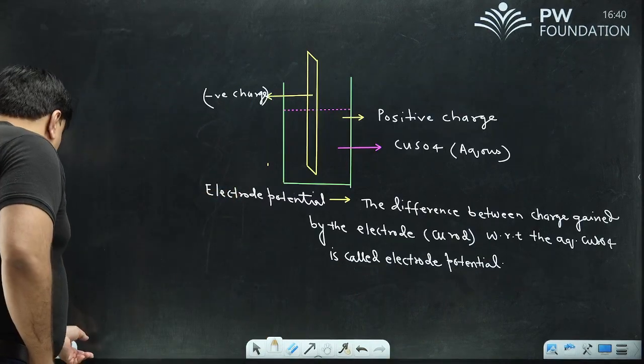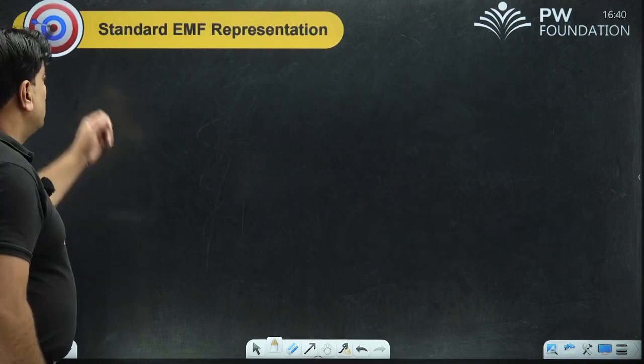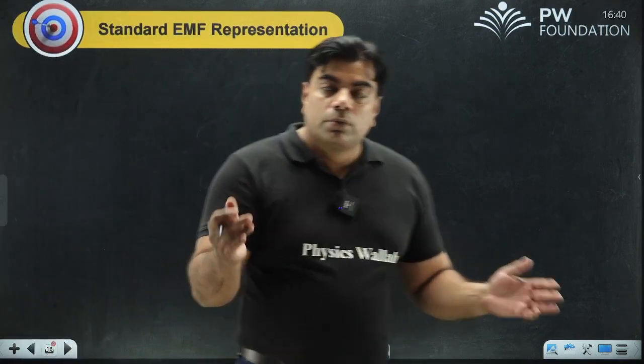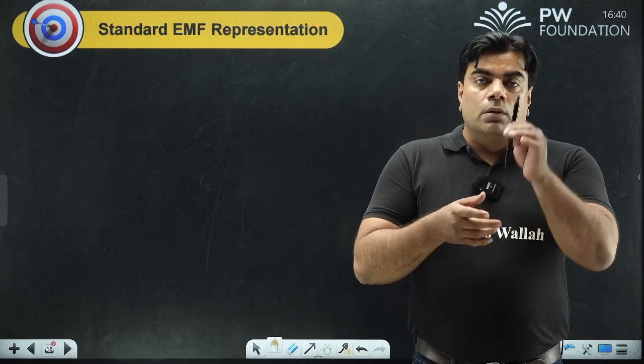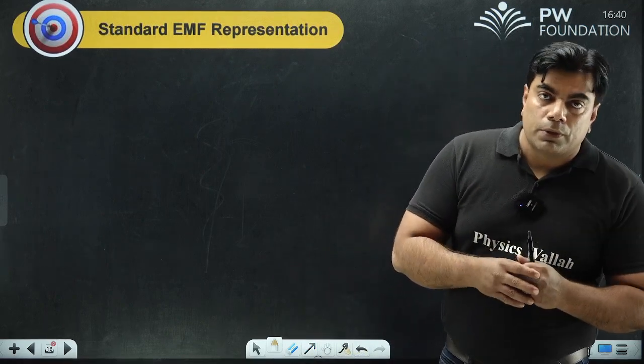What is electrode potential? Now what is the use of knowing the reduction potential and oxidation potential?